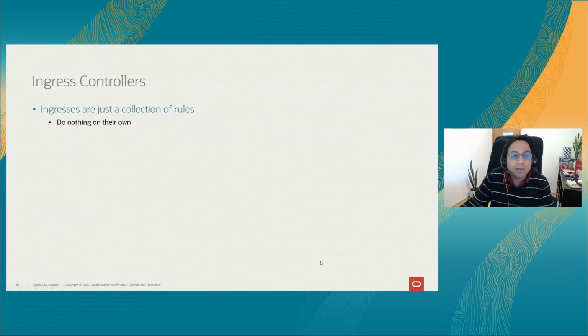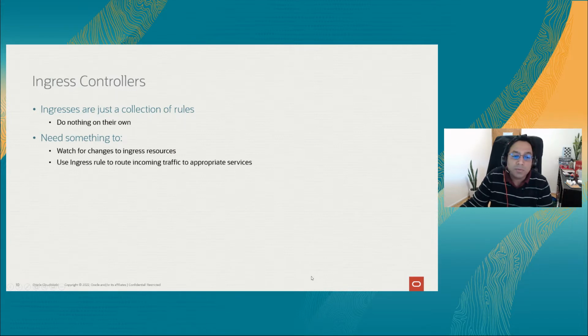Now, I mentioned Ingress is just a collection of rules. They do nothing on their own. They don't do the actual routing. They just help something else do the forwarding of the request. And that something needs to watch for changes to ingress resources, especially if we are defining new ingresses.